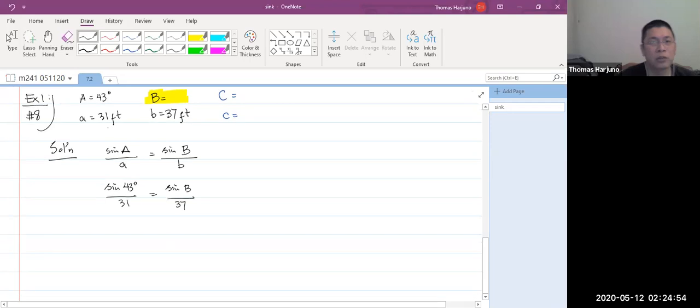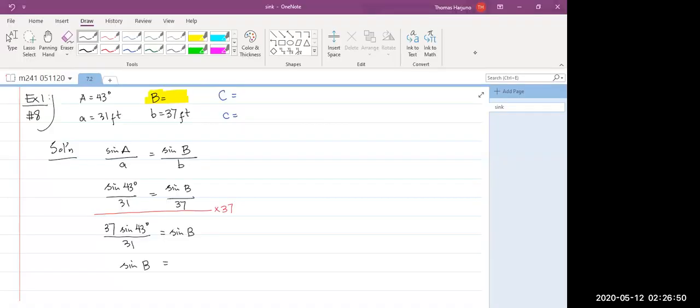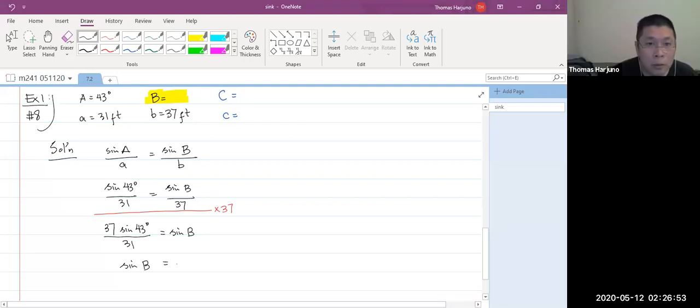If I multiply both sides by 37, then I will get 37 sine 43 degrees over 31 equals sine B. Now I want you to use your calculator to compute what sine B equals when you compute 37 times sine 43 over 31. Okay, do that. I get 0.8140.